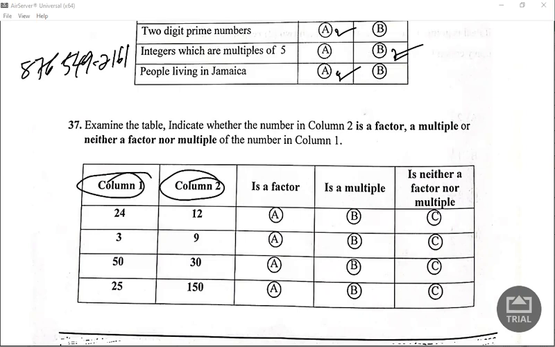So how we read it, 12 is a factor of 24, that is true. 12 is not a multiple, it's a factor. 9 is a factor of 3, no. 9 is not a factor of 3. However, 9 is a multiple. 30 is a factor, no, it's not. Is it a multiple? No. So that's neither. 150 is a factor of 25? No. However, it is a multiple of 25. So you keep adding 25, you will eventually get 150.